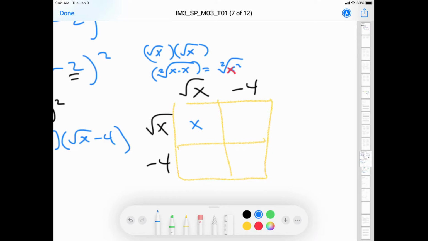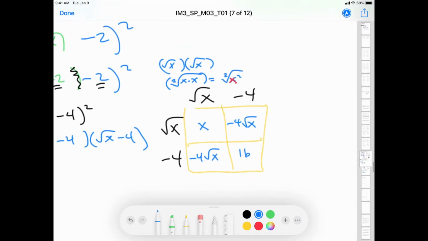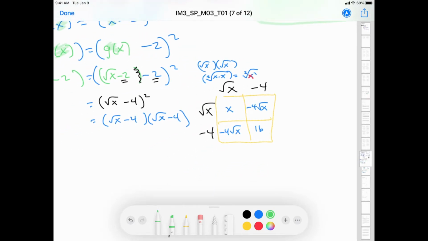Negative 4 times square root of x is negative 4 square root of x. It's multiplication, but they put the number in front. And negative 4 times negative 4 is 16. So here, we would get x, negative 4 and negative 4 is negative 8, square root of x plus 16.